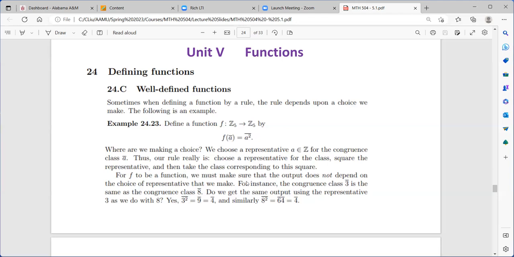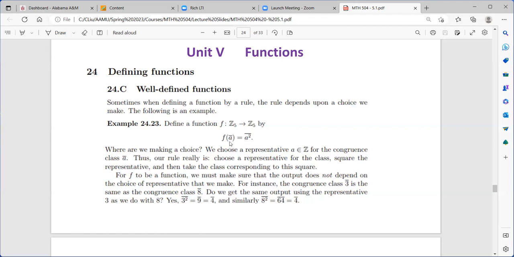So this is the rule. This rule depends upon a choice we make, right? You choose different values of a in the same class, and the rule involves the square and class, but we can have different choices of a from the class a bar.